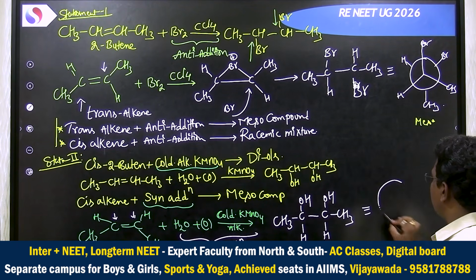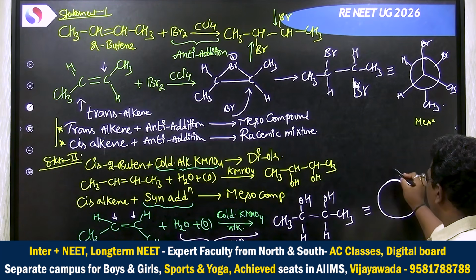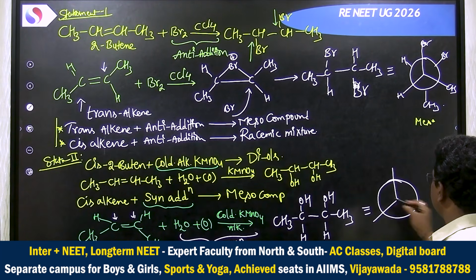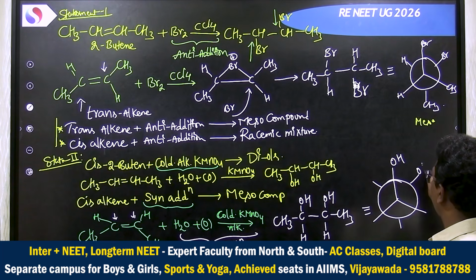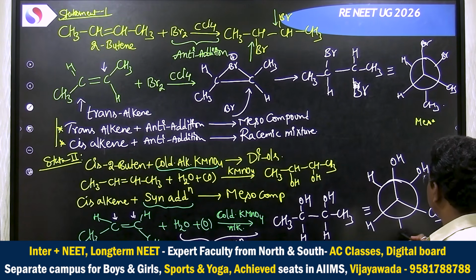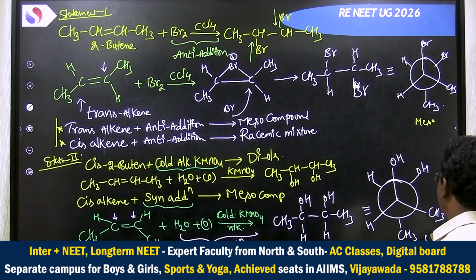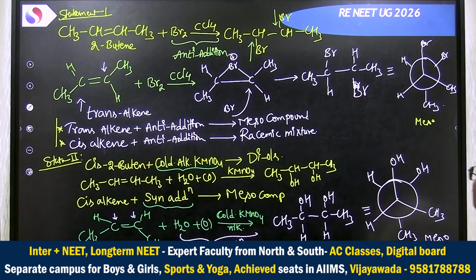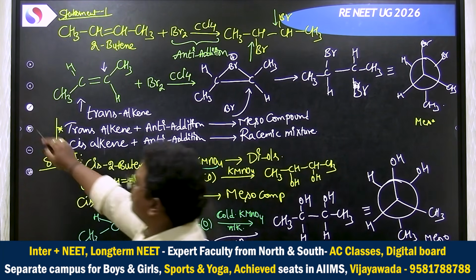If we convert this into Newman projection, we can represent it like this: both OH, OH, H, CH3, H, CH3. This is the meso product.